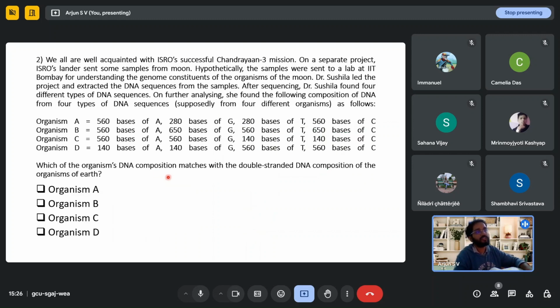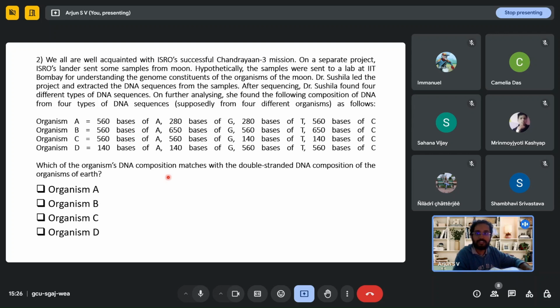So the second question is this: we all are well acquainted with ISRO's successful Chandrayaan 3 mission. On a separate project, ISRO's lead lander sent some samples from the Moon. Hypothetically, the samples were sent to a lab at IIT Bombay for understanding the genome constituents of the organisms on the Moon.